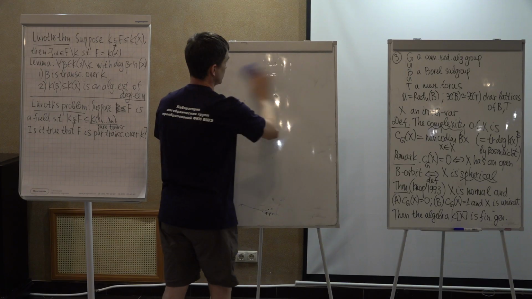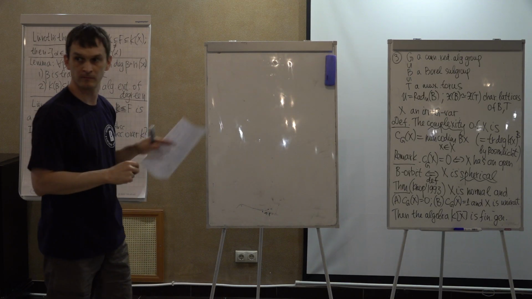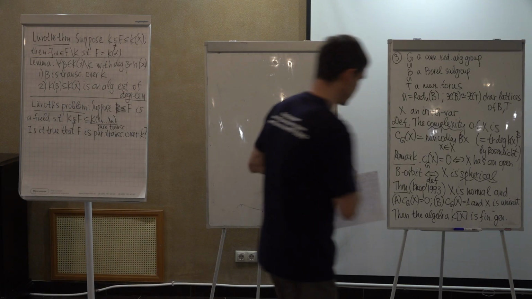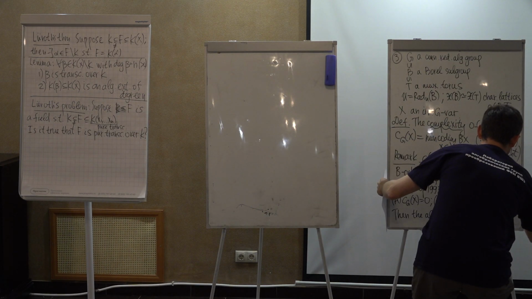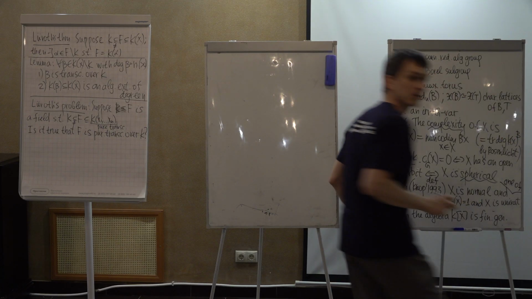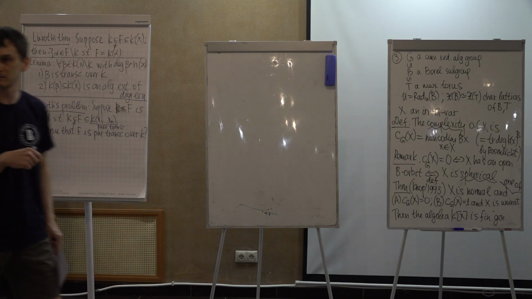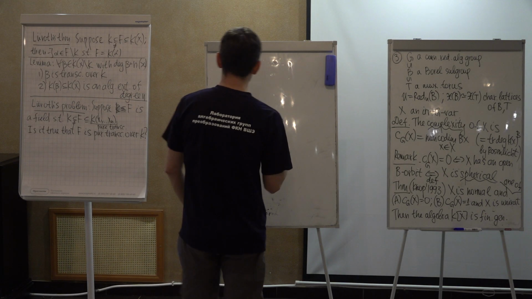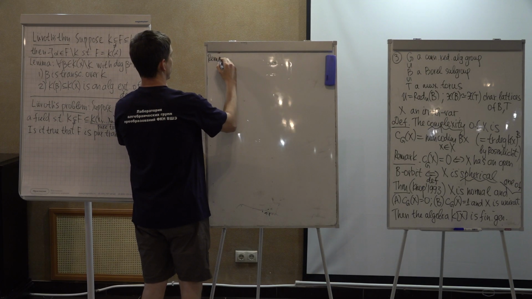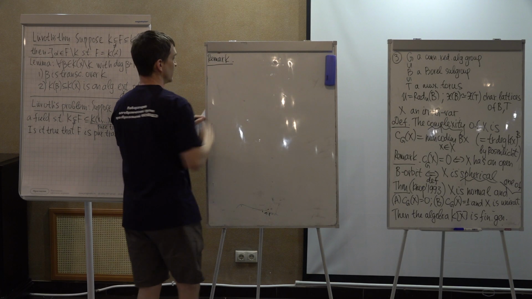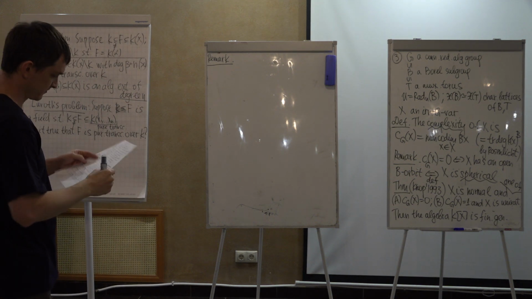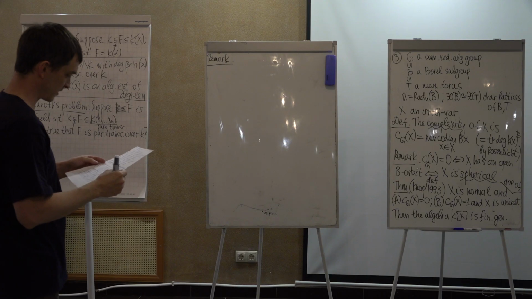If X does satisfy one of these two conditions, A or B, then its algebra is finitely generated. Remark: these conditions, in fact, cannot be weakened.